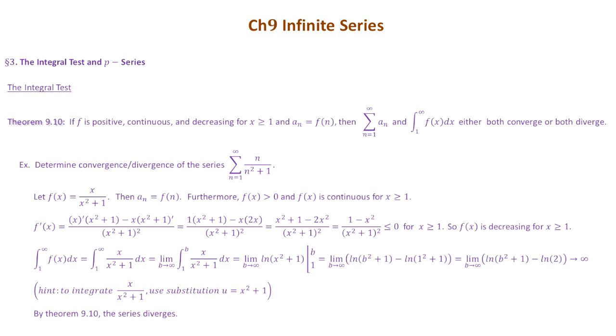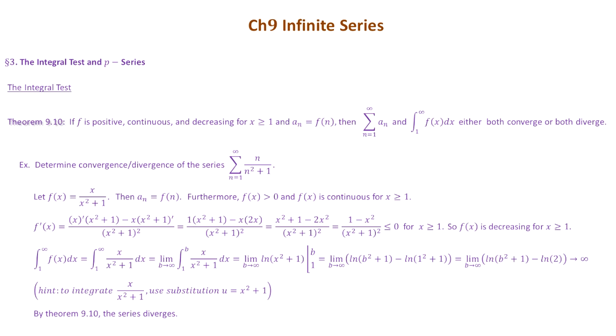Let's do one example using the integral test. You can use the integral to determine the convergence property of a series. In this example, we need to determine convergence or divergence of the series of n over n squared plus 1. If we want to use the integral test, we have to define the function f. It's not given in the problem, but that's easy.